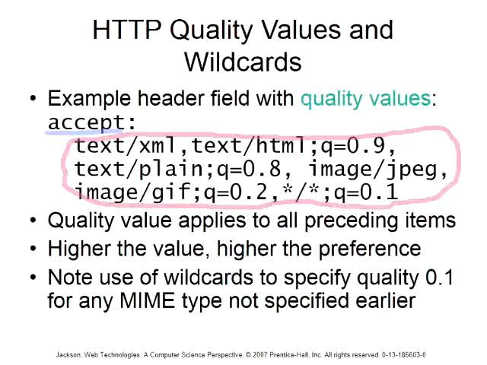So 0.9 will be applied to text HTML and text XML. That means our preference is for text XML and text HTML. For the image, our preference is low, only 0.2.